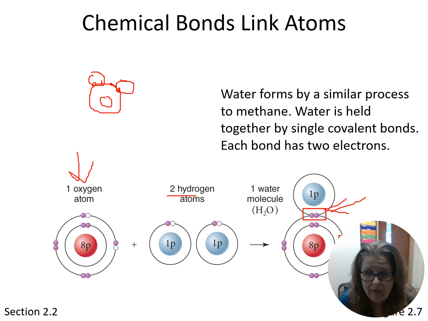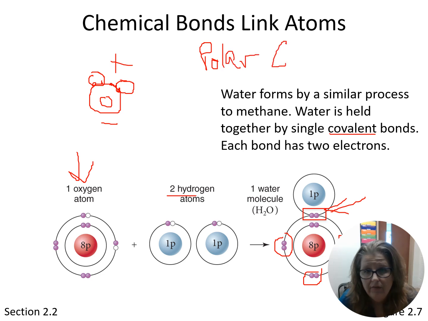But oxygen pulls a little bit harder on those electrons, and you can see there are some electrons over here. So this side ends up being negative, and this side ends up being positive. Even though they're single covalent bonds, they are polar covalent bonds.